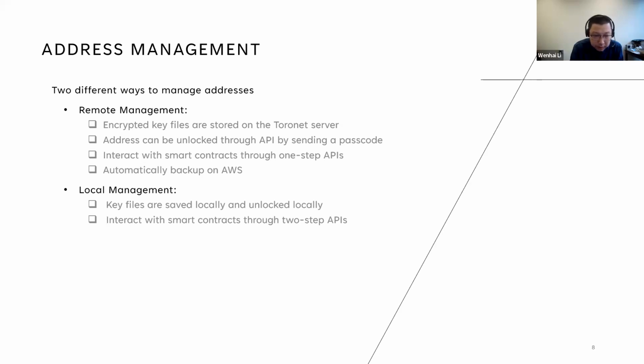We'll show you there. The advantage of this one is that the server has no idea what your address or data is. So you just do everything locally, on your side. So we have two different ways.